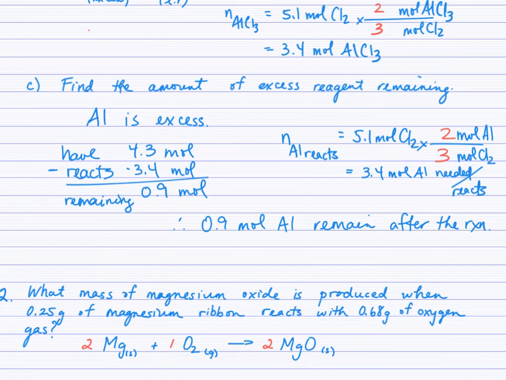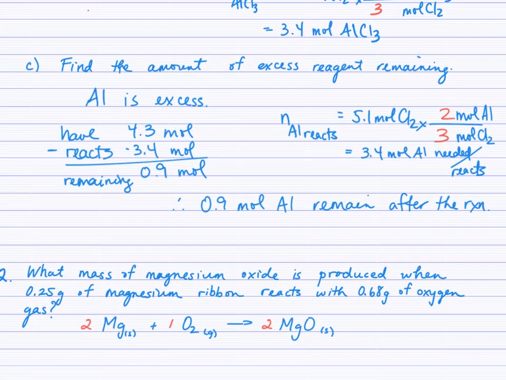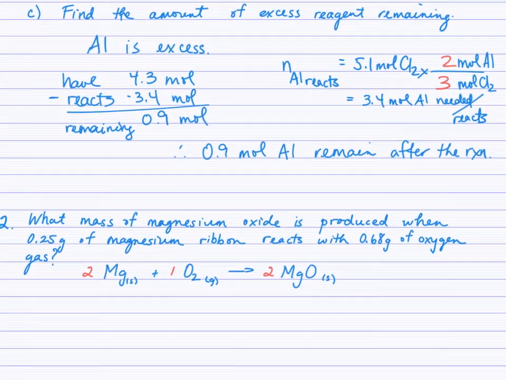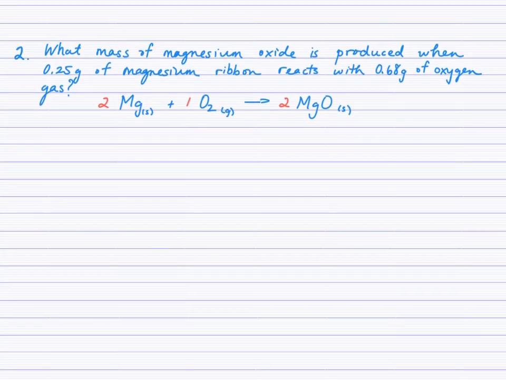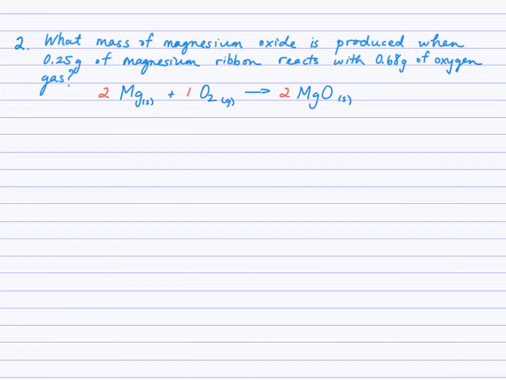Okay, so all of number 1 was dealing with amount. So I was always dealing with moles. And to make the question a little bit more complicated, we can incorporate mass. So number 2 here, I'm asking you what mass of magnesium oxide is produced when 0.25 grams of magnesium ribbon, so there's a mass being provided here, reacts with 0.68 grams of oxygen.